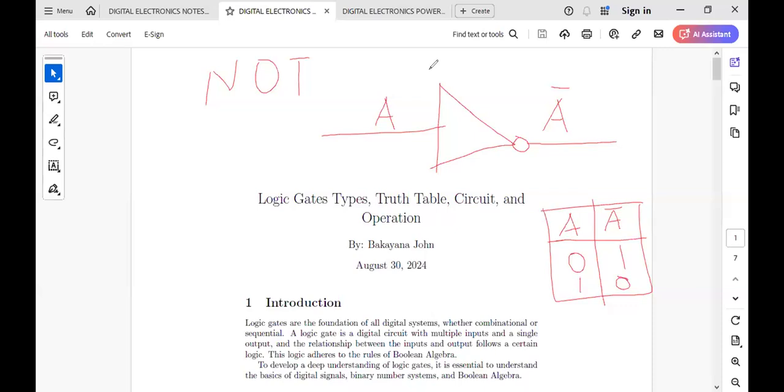So we can apply this arrangement. We can combine this kind of gate with any of the other two gates that we looked at. We looked at the AND and we looked at the OR. Is that okay?